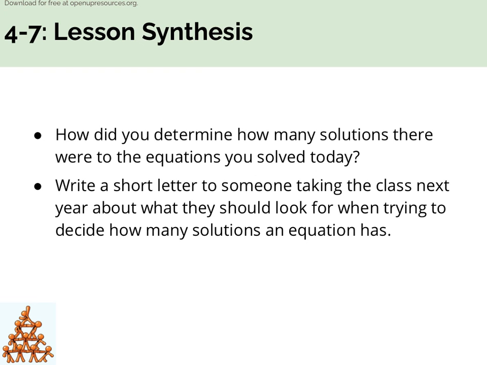Let's write this down because this one's a little different. Let's say we have 5x plus 2. I still need my 5x, but my numbers need to be different. So 5x minus 1. Notice I have 5x on both sides, but my numbers are different. So this makes it true for no values.